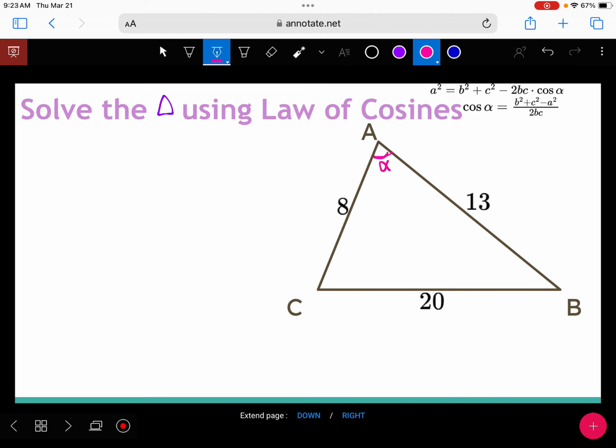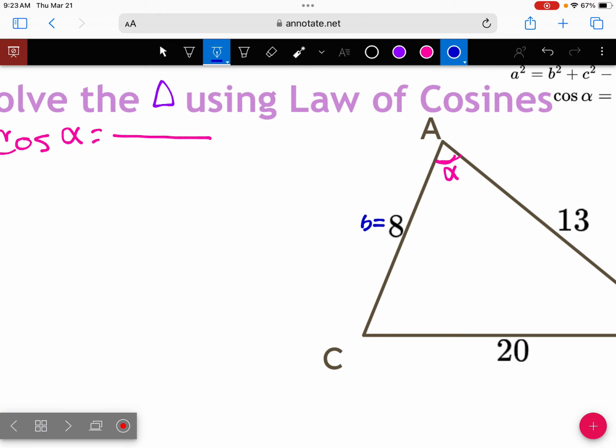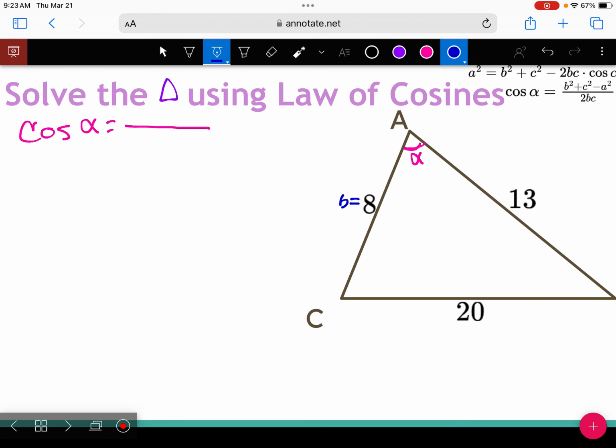So we know the cosine of angle alpha is going to equal side B, which is 8. We're going to have our B squared, which is 8 squared, plus our C squared.